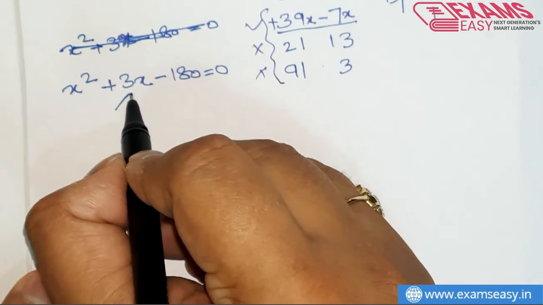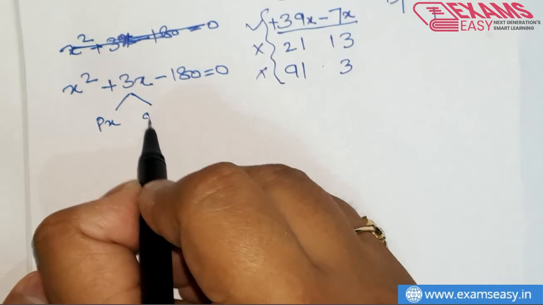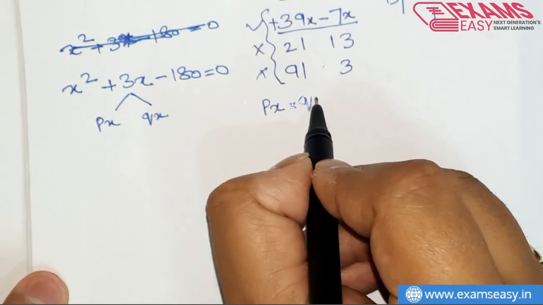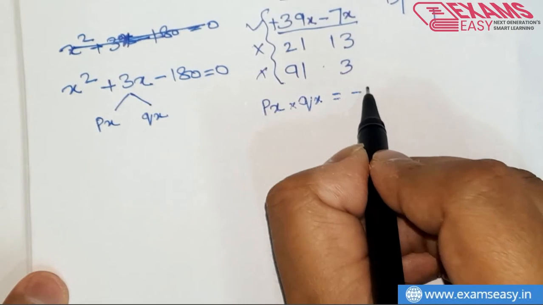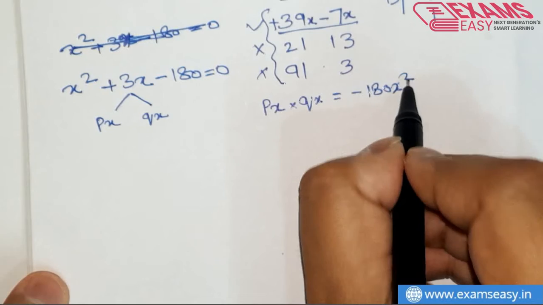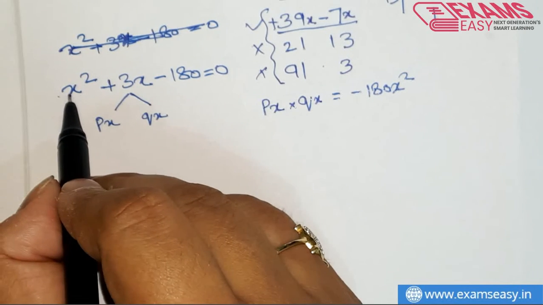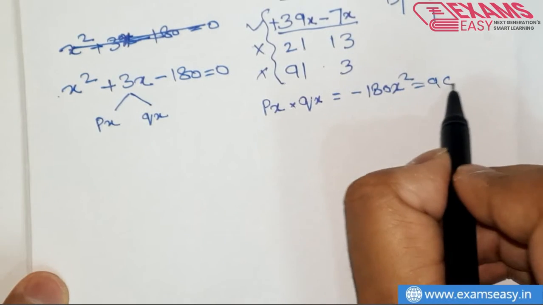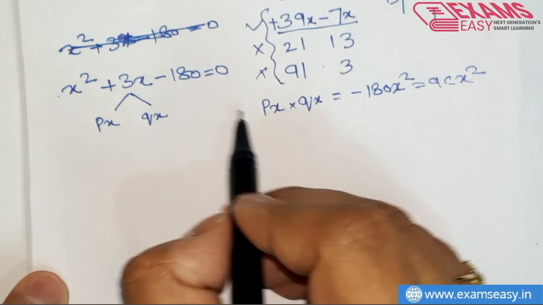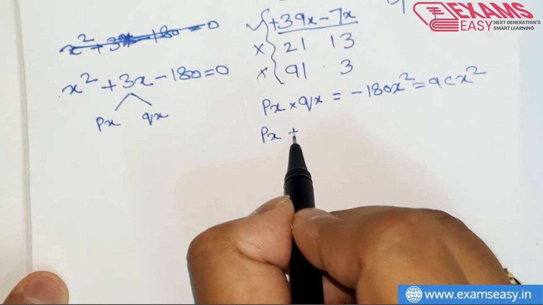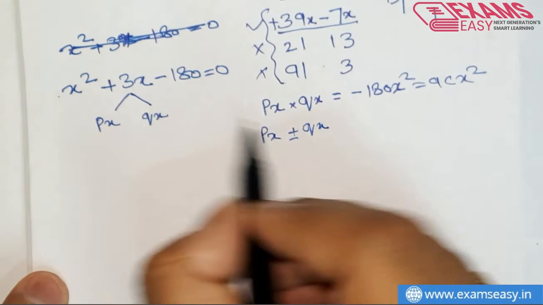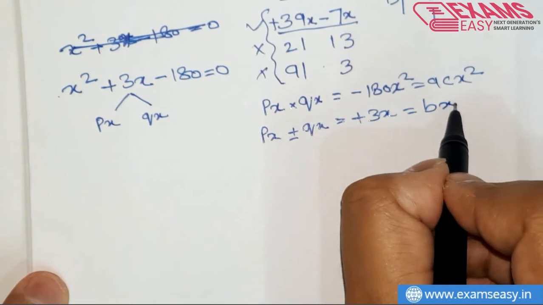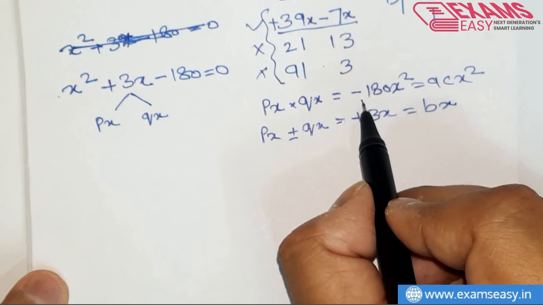We want to split 3x into px and qx in such a way that the product of px and qx will give us minus 180x square, that means a into c into x square, a c x square, and their sum or subtraction should give us bx, that is equals to plus 3x. So let us take the LCM of 180.